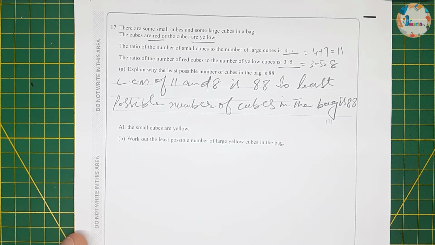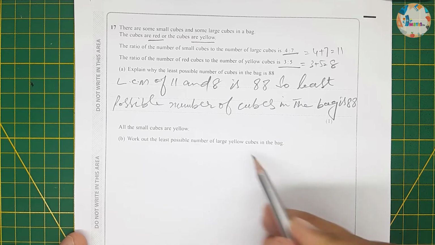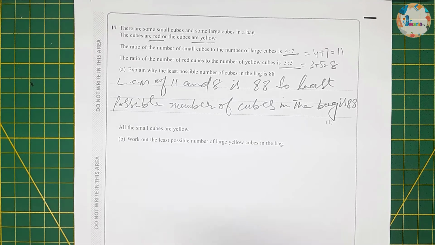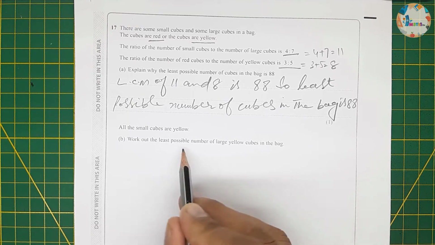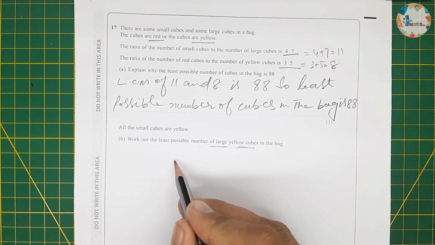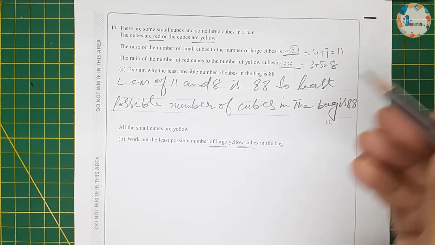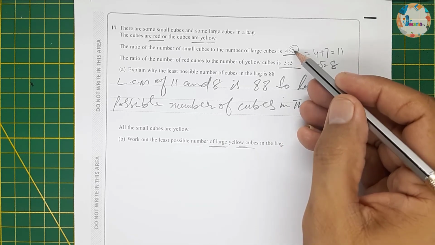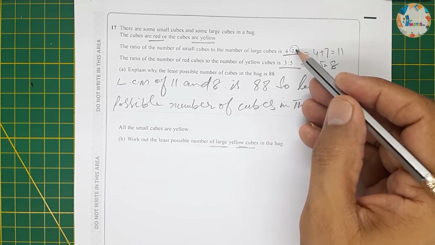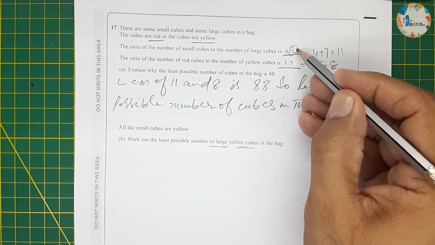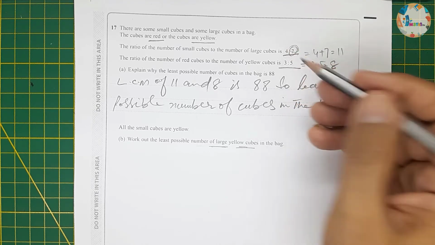All the small cubes are yellow. Work out the least possible number of large yellow cubes in the bag. So for this part we check large and yellow. Large is basically 7 out of the ratio.